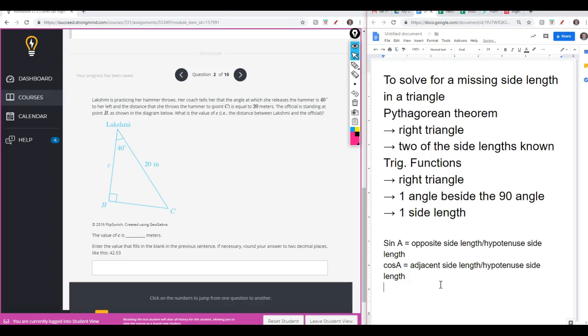And there's one more that you'll be introduced to later. I'm introducing it right now because I want to teach you a mnemonic device on how to remember this. So the tangent is actually the opposite side length divided by the adjacent side length.